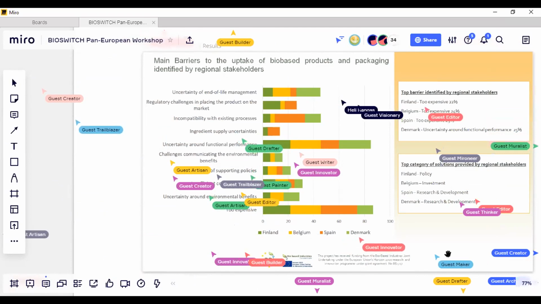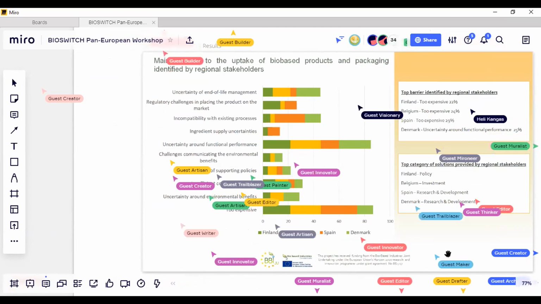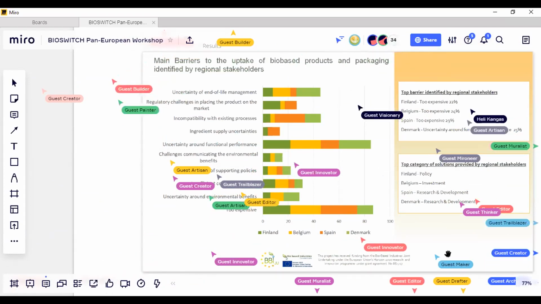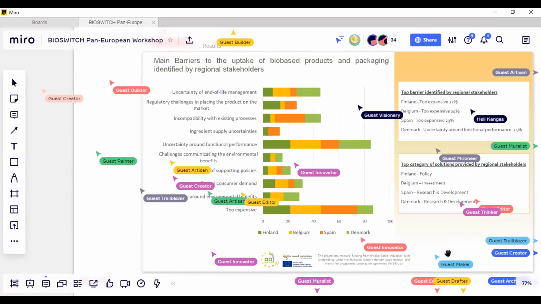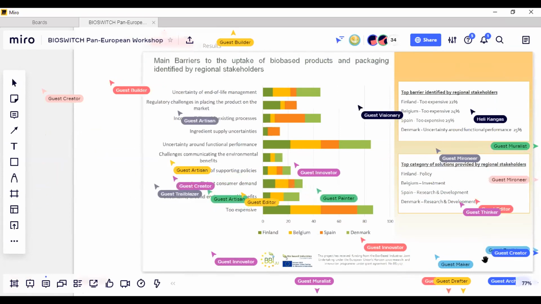There is also uncertainty around end-of-life management. This was prioritized as a higher barrier to bio-based uptake in the regional workshops than in the pan-European survey. That was a slight difference there, probably due to the multi-actor responses within the workshop.